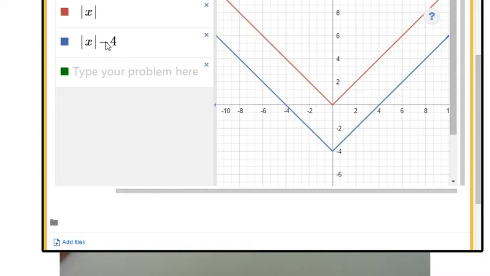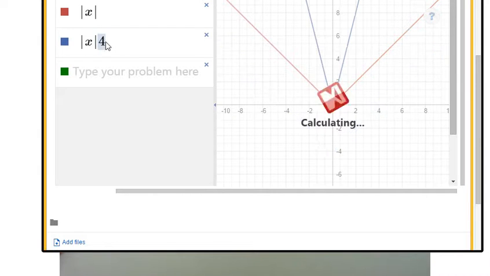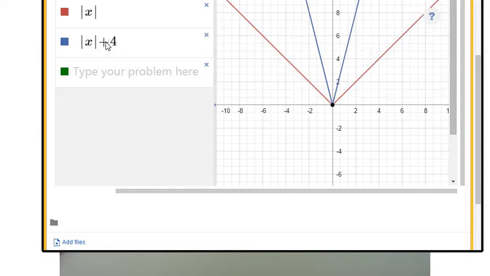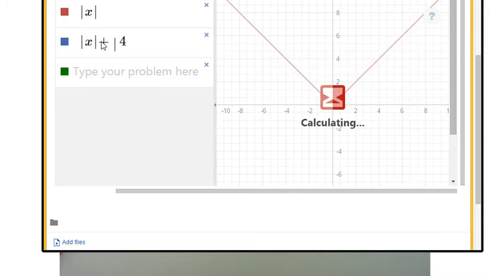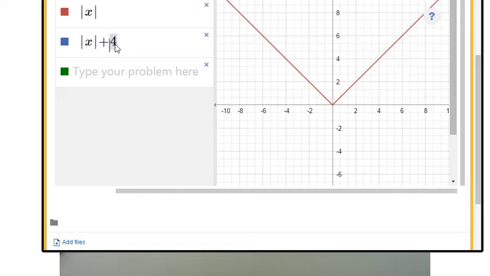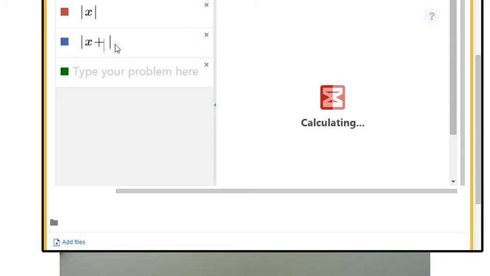Now what do you think would happen if I change this negative sign to a plus sign?